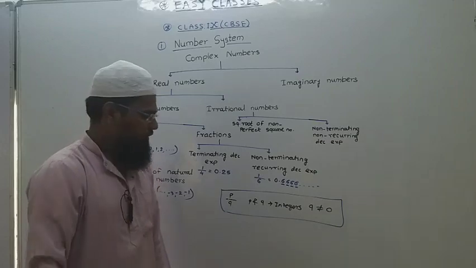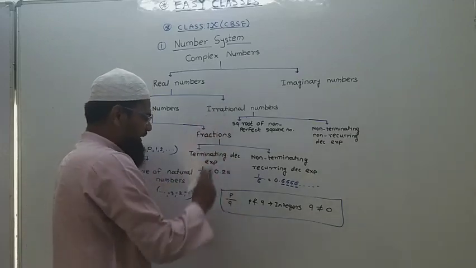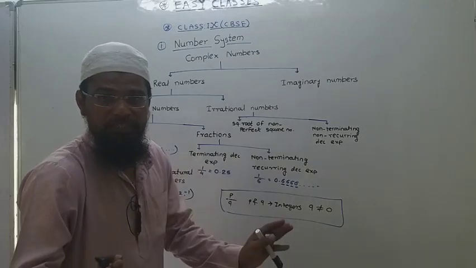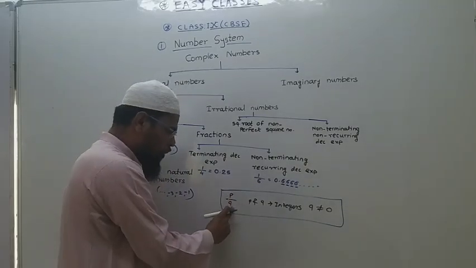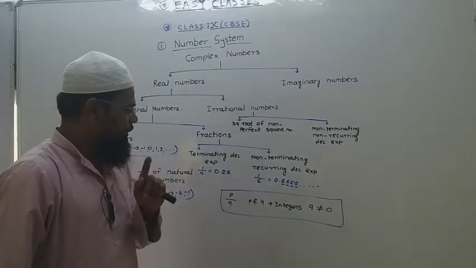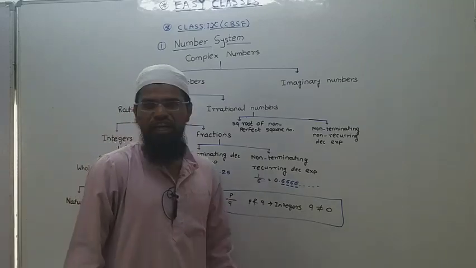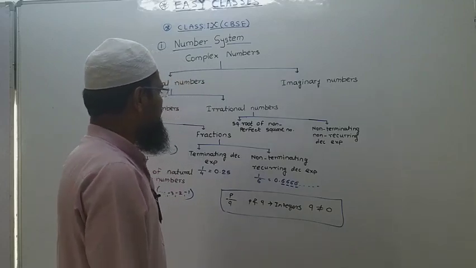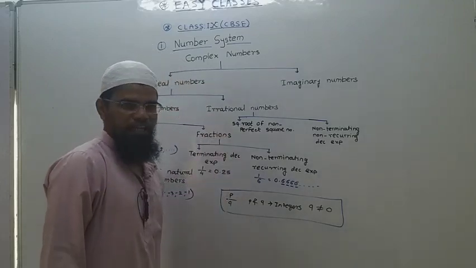Again, what is an irrational number? The numbers which cannot be expressed in P upon Q format, where P and Q both are integers and Q is not equal to 0.